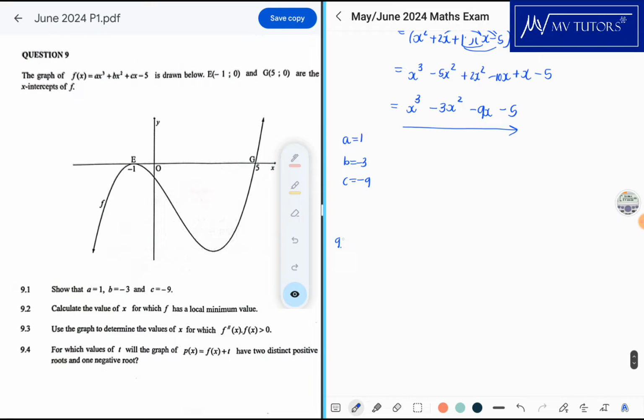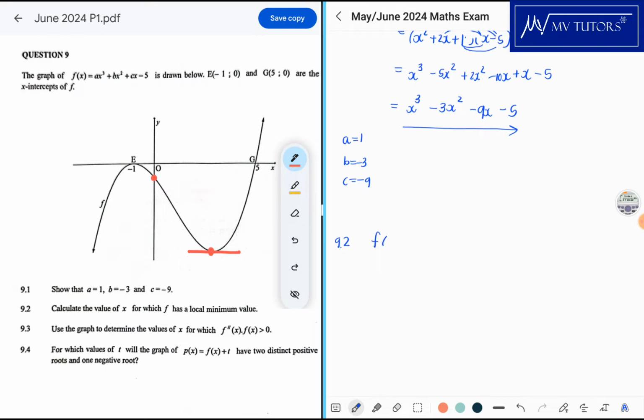All right, so that's 9.1, and then 9.2, calculate the value of x for which the function f has the local minimum value. So basically, I want to calculate this value over there, all right? And in order to calculate the turning point, I'm going to have to get the first derivative and make that first derivative equal to 0, because there the gradient is 0.